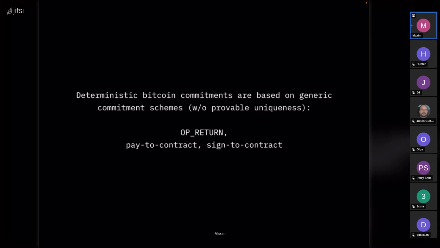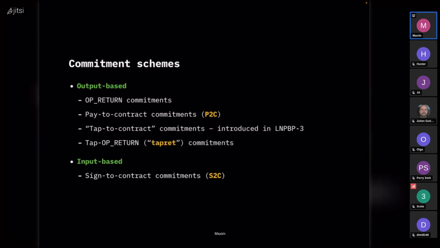Deterministic Bitcoin commitments, of course, are based on more generic commitment schemes. These commitment schemes by themselves do not have provable uniqueness, but are used as building blocks of the deterministic Bitcoin commitments. Specifically, we can say that there are three main types of commitment schemes: OP_RETURN based, pay-to-contract based, and sign-to-contract based.